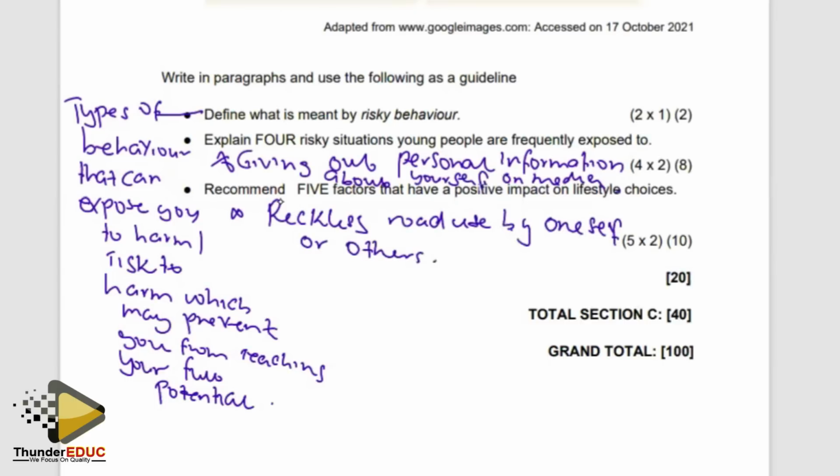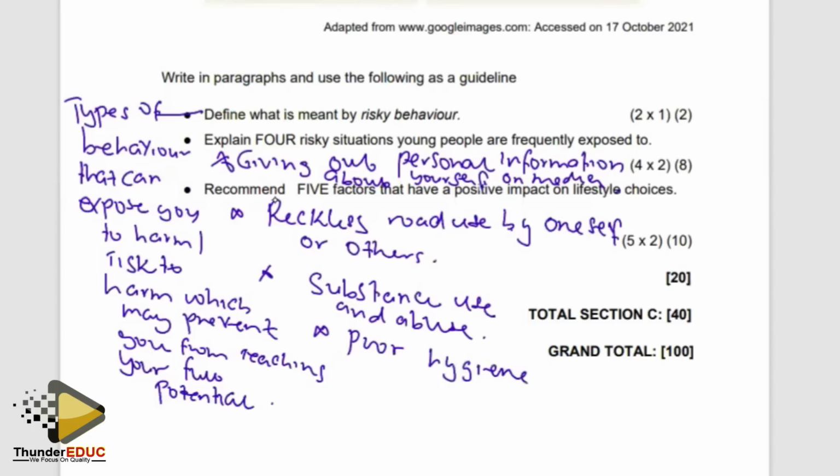Another one is substance use and abuse. You can talk about also poor hygiene and dietary behavior. Okay, you can talk about peer pressure.